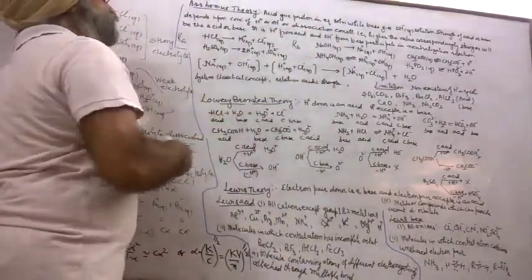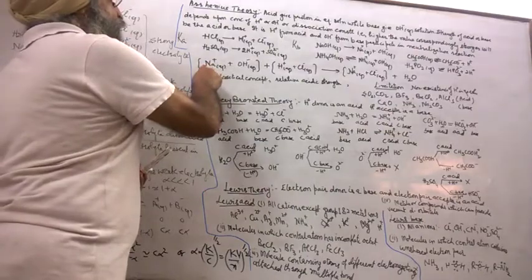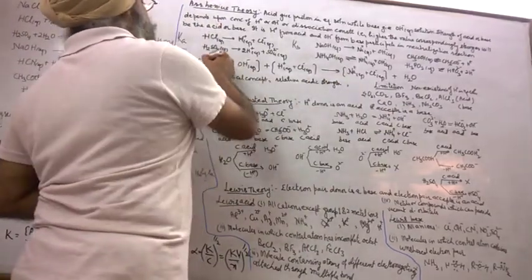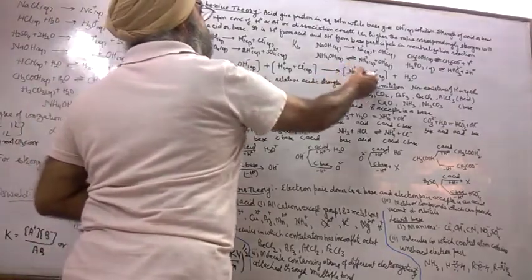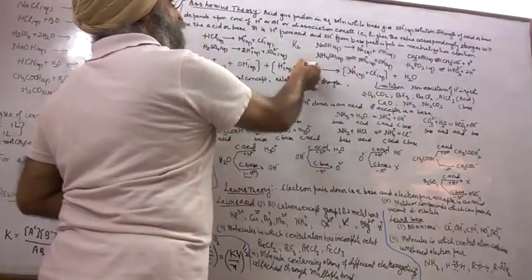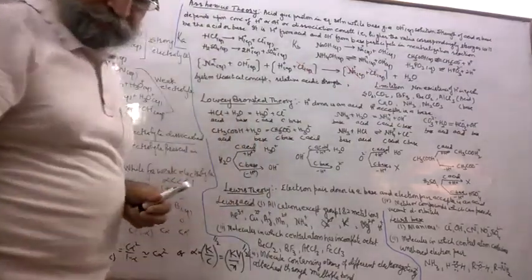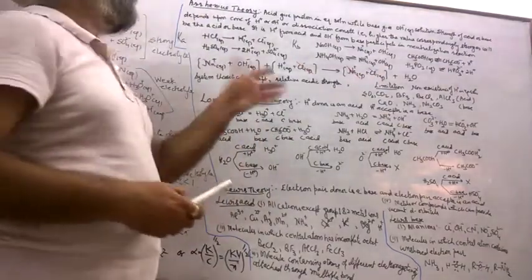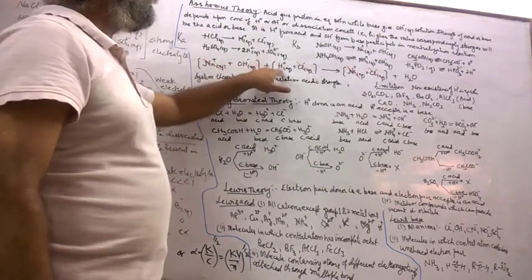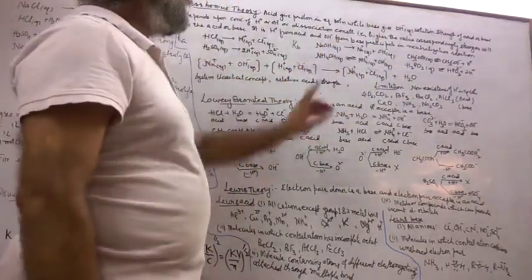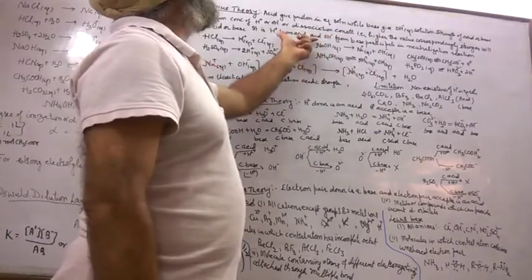Before reaction, Na positive is there, after reaction Na positive is there, means there is no change. Before reaction Cl negative is there and after reaction Cl negative is there. What undergoes a chemical change is OH negative and H positive, they form unionized water.